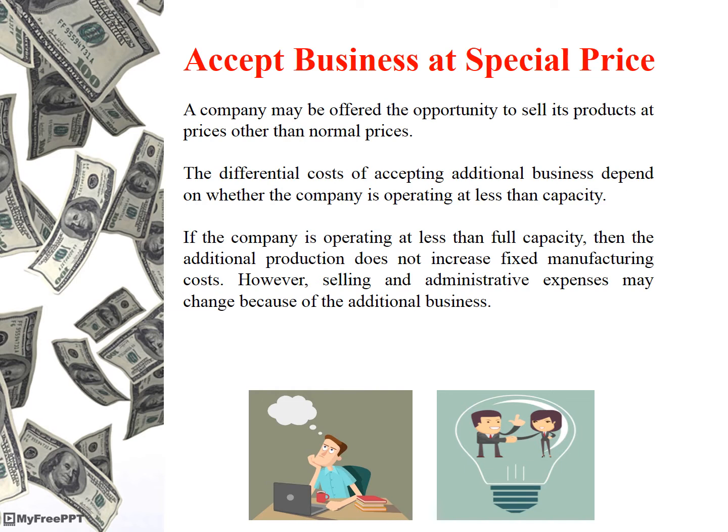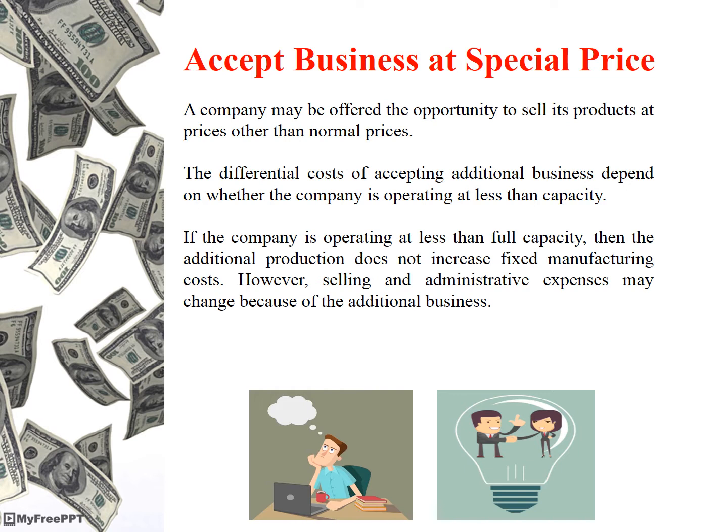Differential analysis can be used to decide whether to accept that offer at a special price. The differential revenue from accepting the additional business is compared to the differential costs of producing and delivering the product to the customer.